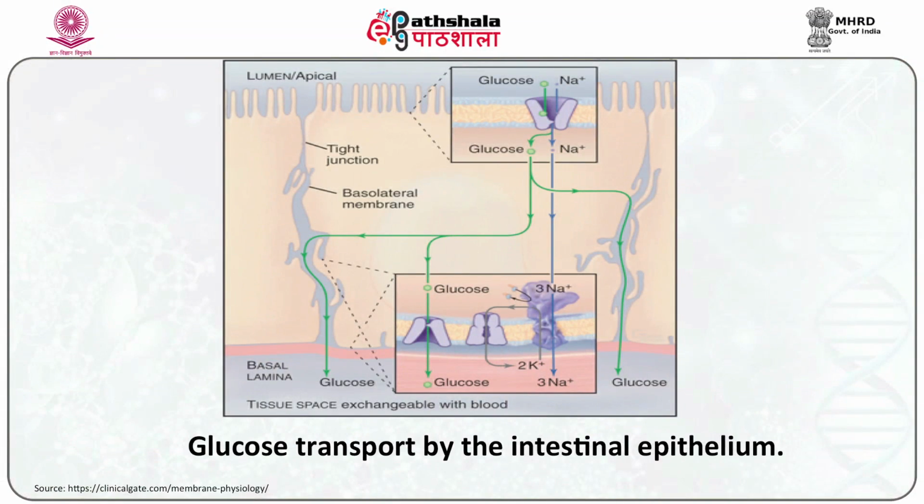The glucose uniporters in the basolateral plasma membrane move glucose from the lumen of the intestine to the blood. The basolateral potassium channels recycle the potassium back into the cell.